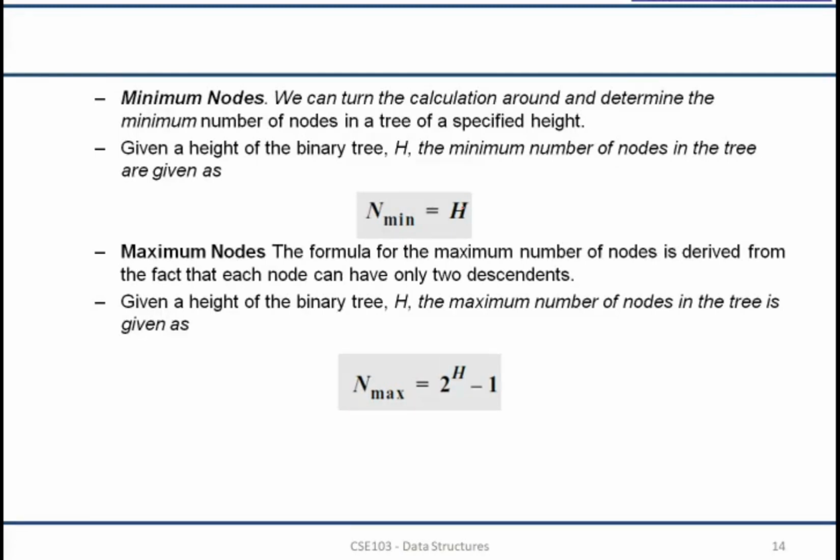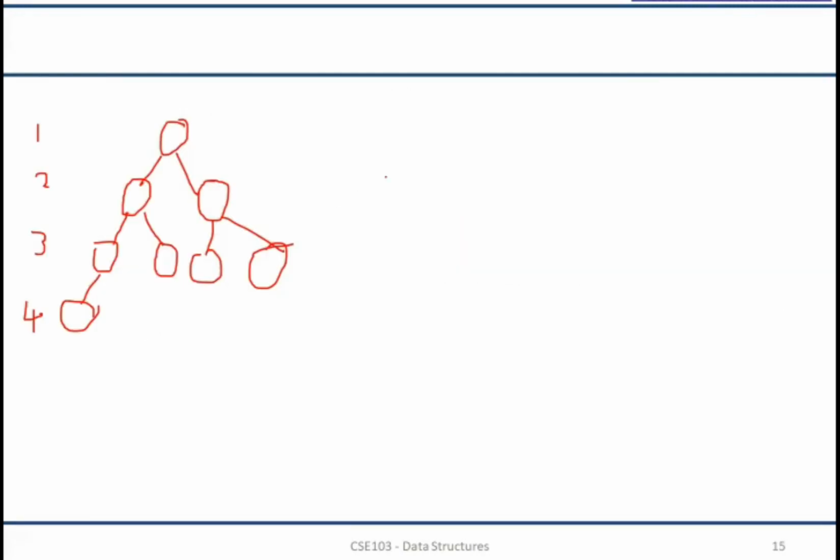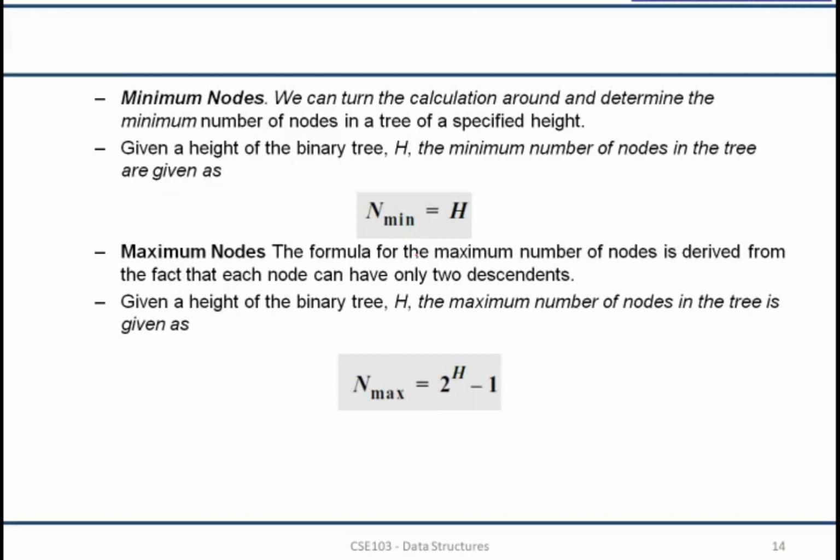If 3 is given as the height, then the minimum we can insert is 3 nodes. So if the height is given, this is the number of minimum nodes we can insert in the binary tree, and then maximum nodes.